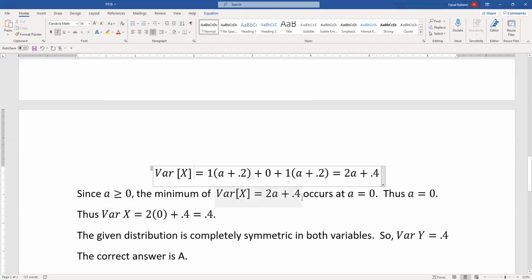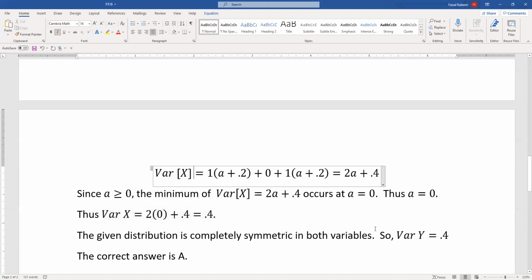So the expression 2a plus 0.4 tells us that the variance will be minimum when A is minimum, and the minimum value of A is 0. So that means A is 0. So the variance of x will then be 2 times 0 plus 0.4, which equals 0.4.